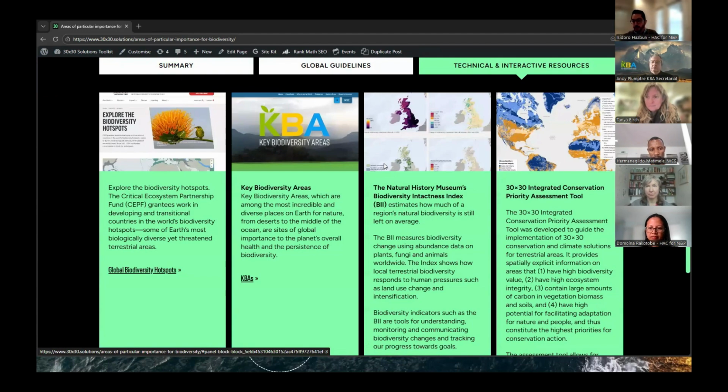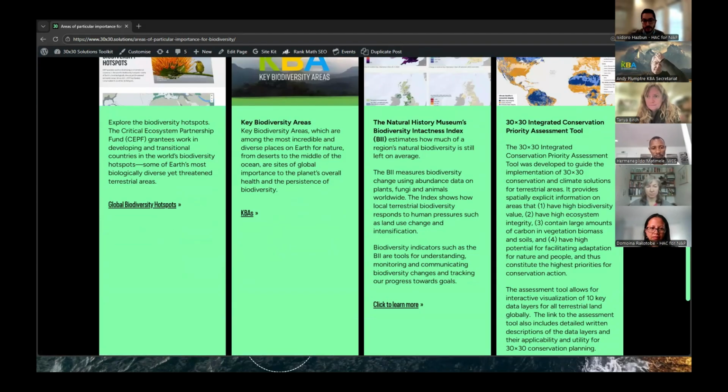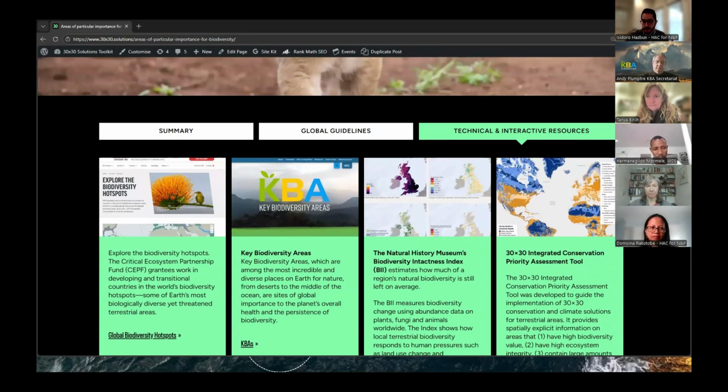So if anyone would like to submit additional resources for this toolkit, for practitioners, government officials who want to gain additional insights in terms of 30 by 30 and overall Target 3, please feel free to contact me and we will upload these resources.